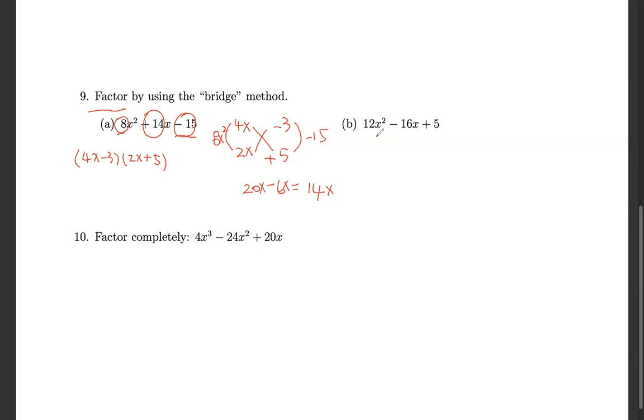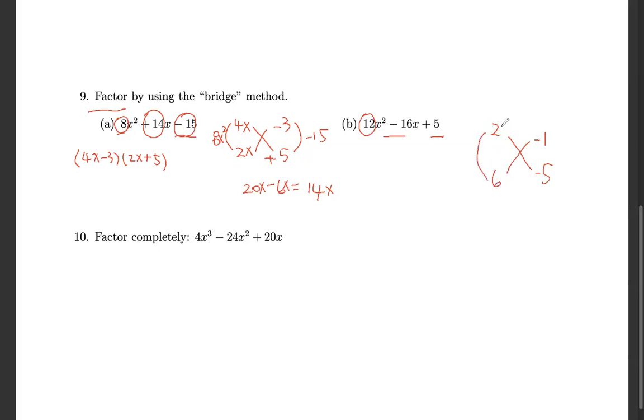Now let's see this one. 5 only has one way to factor, 1 and 5. So we have to think how to factor 12 to get a negative 16. To get negative 16, we need both to be negative, because negative times negative is positive, and then the middle term adds up to be negative. So if we do 2 and 6, right? 2 and 6.